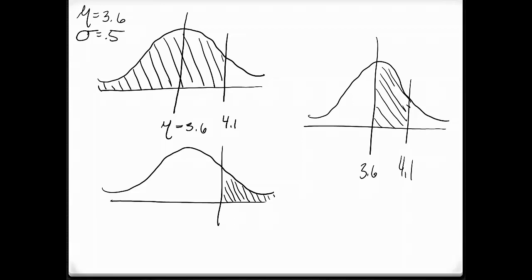So I've got to find the z for 3.6 and 4.1. The z for 3.6 is going to be 0. And the z for 4.1, let's find that: 4.1 minus 3.6 divided by 0.5.